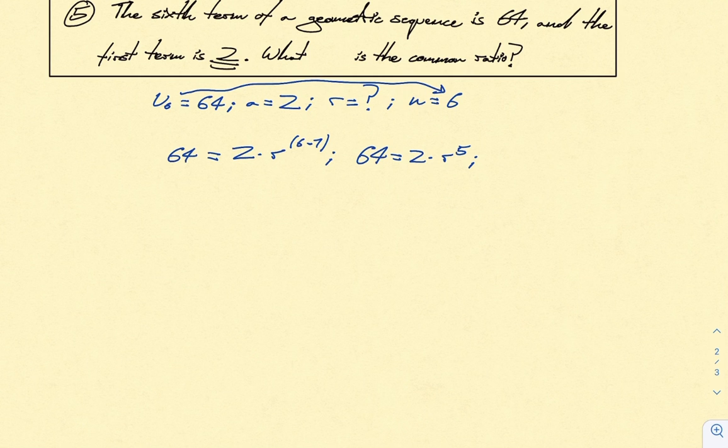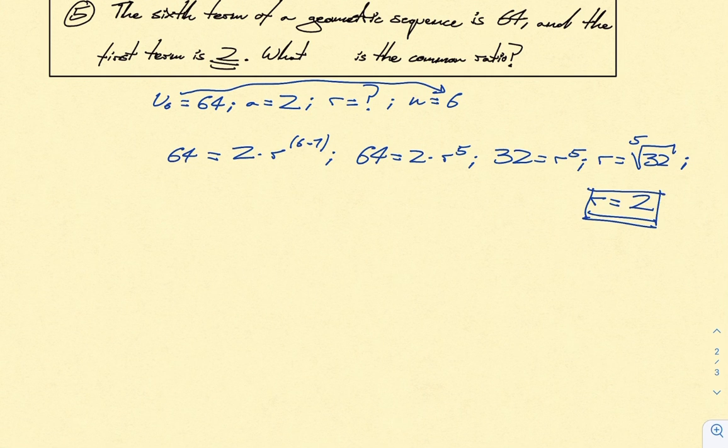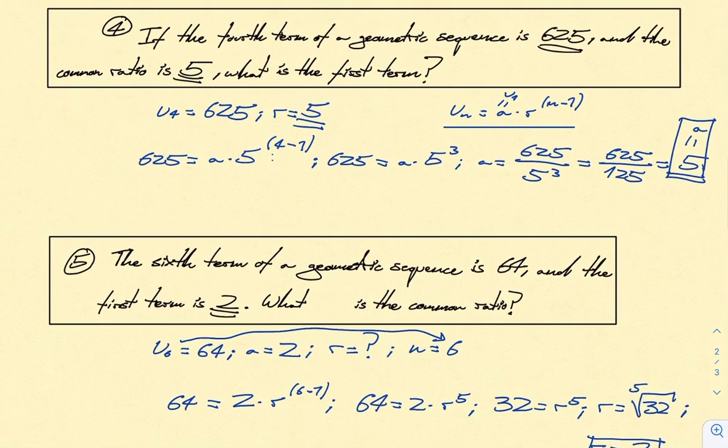And so we get 32 equals r to the power of 5, and r will be equal to the 5th root of 32. Again, this is some basic algebra. And now if you write this into the calculator, you'll see how we get that r equals 2. And so we calculated our common ratio, and we've finished the video.